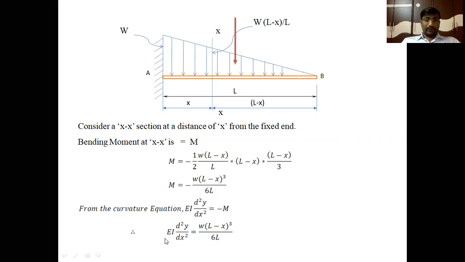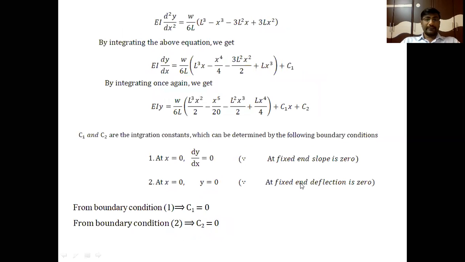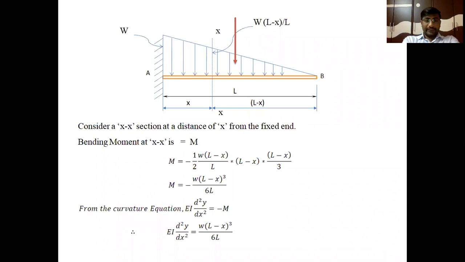Okay. So upon solving this equation, we can get the slope and deflection equation. The same procedure was explained in the previous two problems. So solve this equation by integrating the above equation. Before integrating that equation, we should expand this L minus X whole cube.